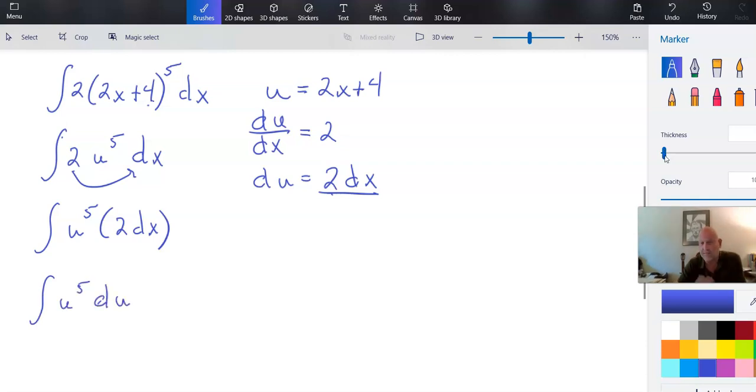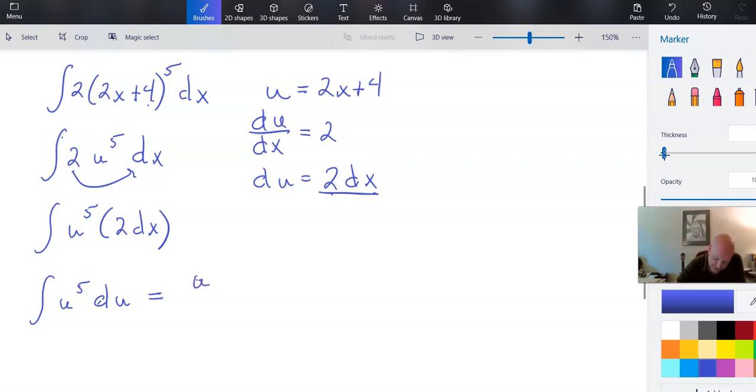du. And that's something we know how to take an antiderivative of because we have the power rule. Remember, because this is an indefinite integral, we'll have to put a plus C on the end because we don't have limits of integration here. There's no integral from a to b or anything like that.